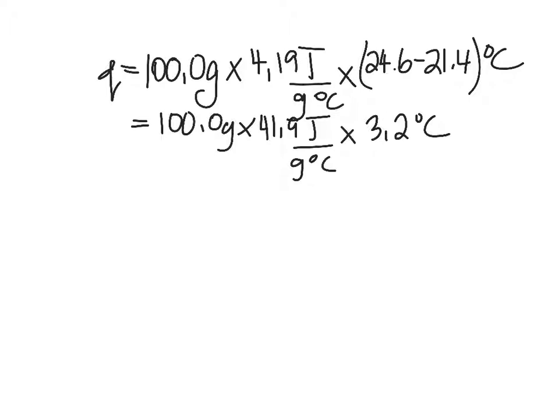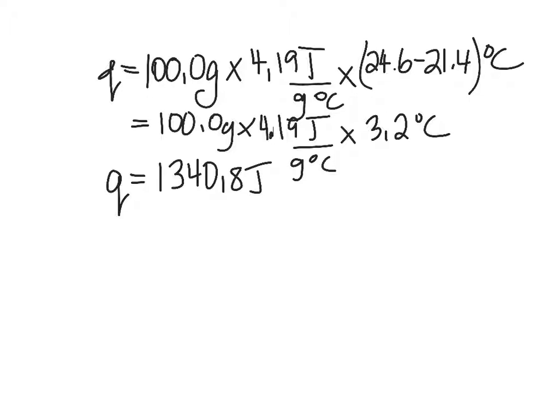So 4.19. So now we're going to figure out what our Q value is. So Q is equal to 1340.8 joules.